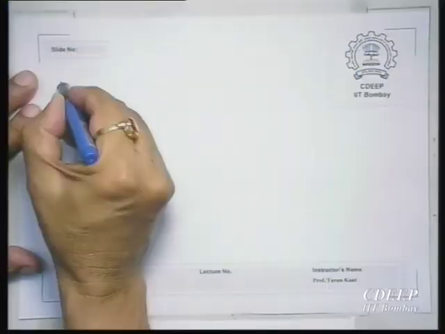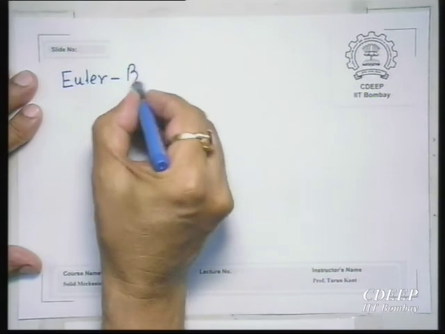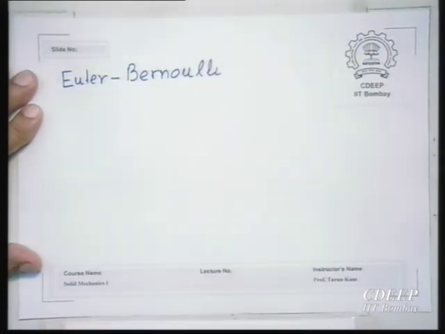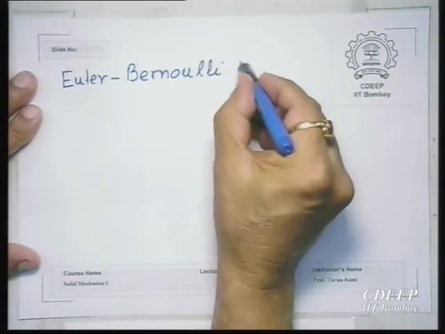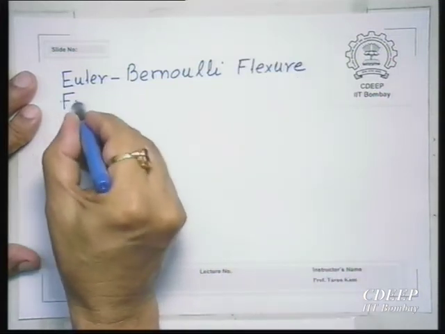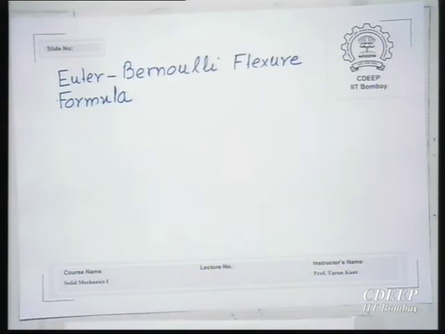The exact year I will have to check in the literature, but it is Euler-Bernoulli. So we have learned the Euler-Bernoulli flexure formula, and let us recapitulate what the basic assumptions are.